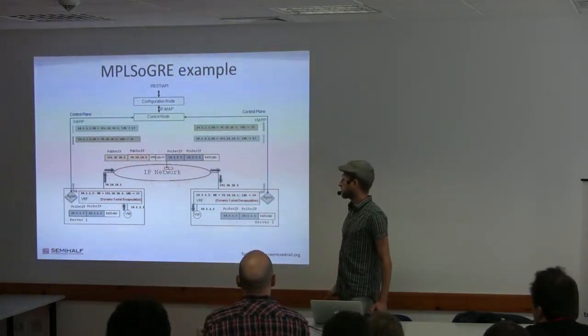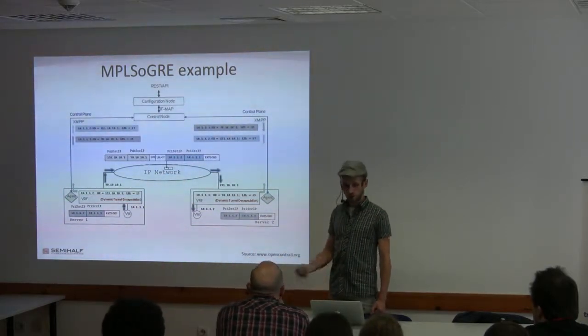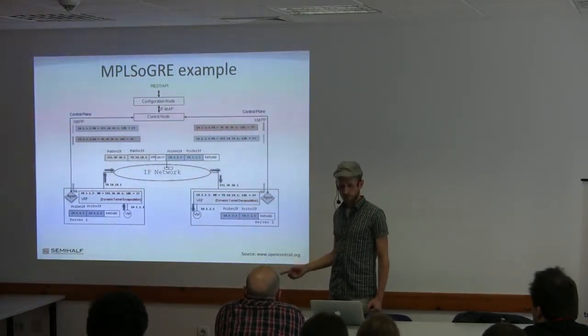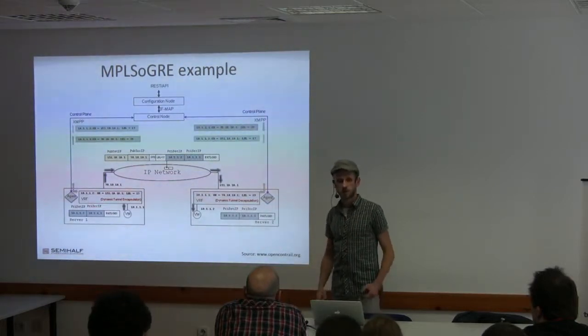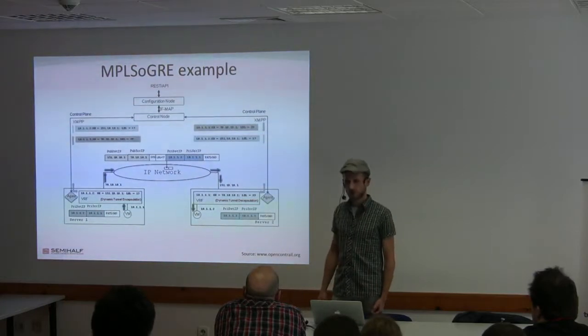This is quite a nice thing, because those labels are local to the compute nodes and to the virtual networks on these compute nodes. So even though there is a limit on MPLS label numbers, we probably won't reach it because it is local.